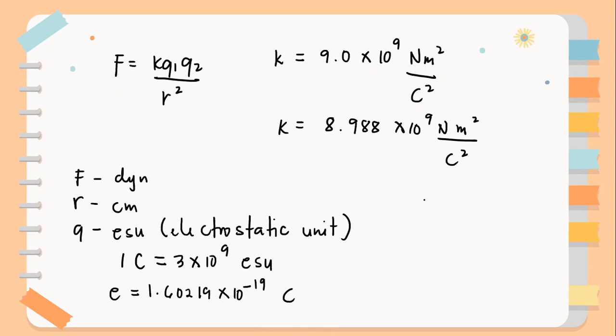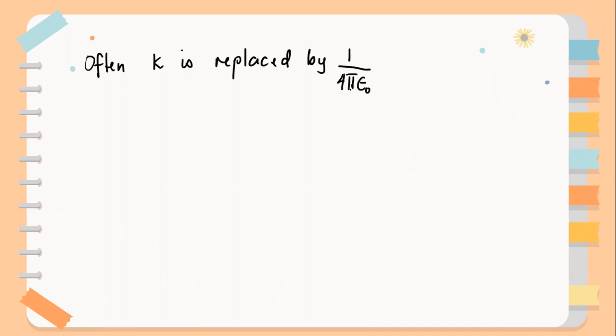Often K is replaced by 1 over 4 pi epsilon naught, where epsilon naught is equal to 8.85 times 10 to the negative 12 Coulomb squared per newton meter squared.